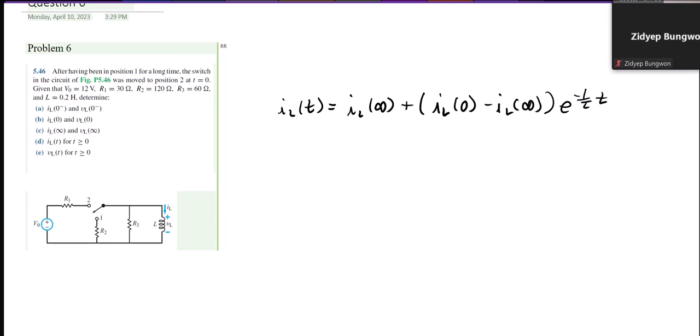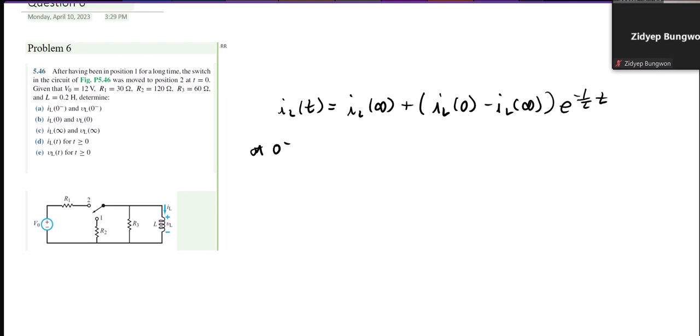But if they did not ask us for them, we would just need to find the currents. So the first thing that we do is we look at what the circuit looked like before the switch, because this will give us I0 minus, which is the same as I0. So at 0 minus. Let's say we were asked to find the current IL.